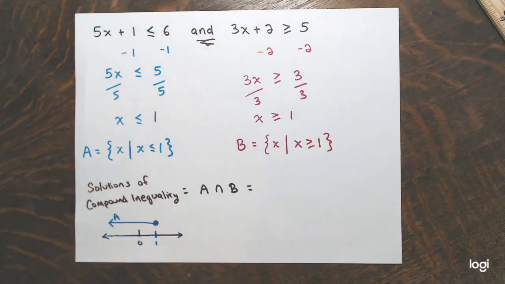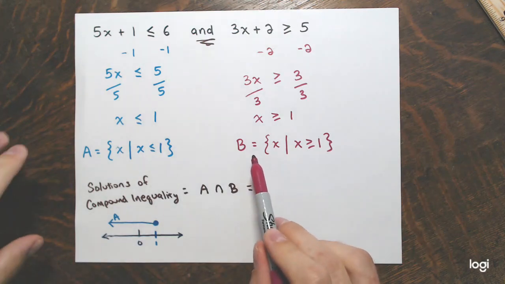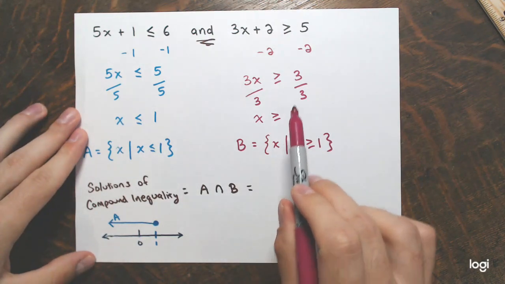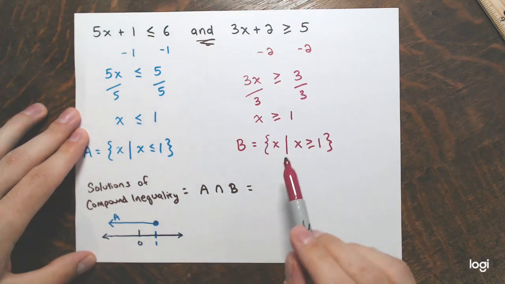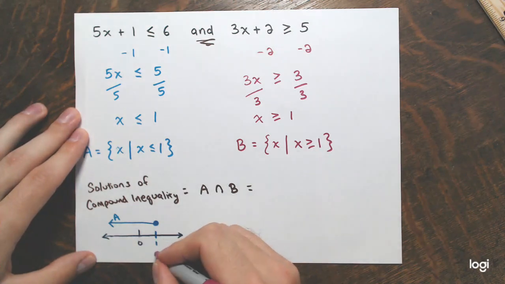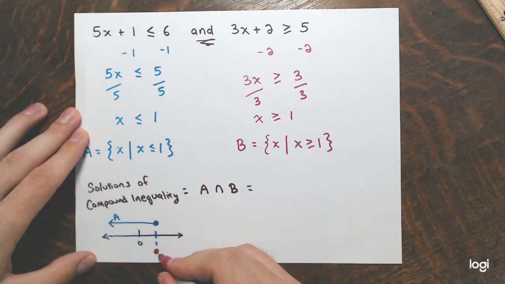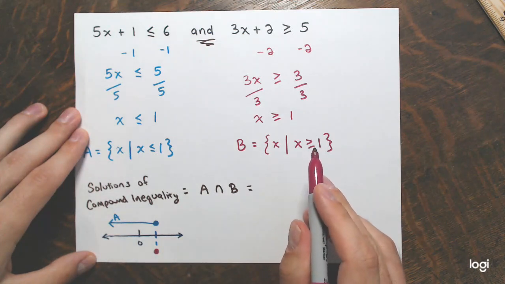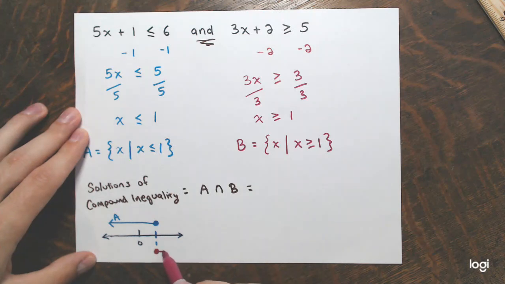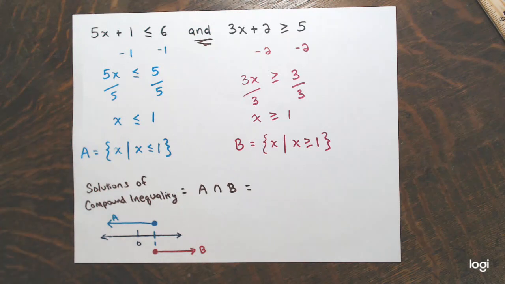Right, all those numbers. And set B, all the numbers greater than or equal to 1 make the second inequality true. So greater than 1 or equal to 1. So 1, and just right under 1 here, that is a solution. So a nice solid point again. And all the numbers greater than 1, so 2, 3, 4, all the numbers to the right of 1, there's set B. So where's the overlap? What numbers are in both set A and B?